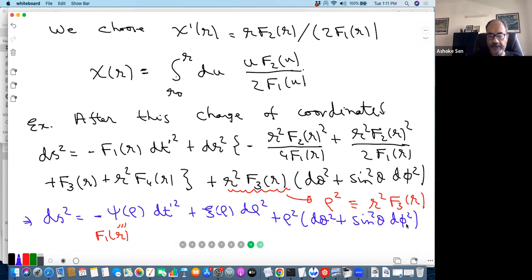So the net upshot is that after all this, we have labeled the most general spherical symmetric time independent configuration in terms of two unknown functions of rho, psi of rho and xi of rho. Are there questions?